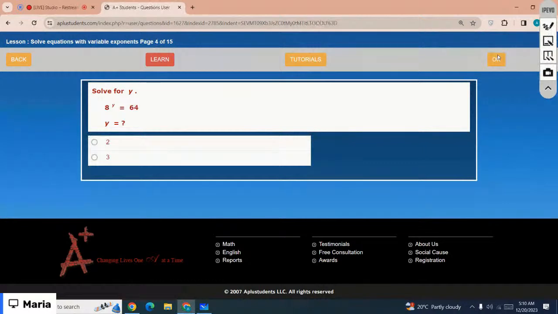Solve for y. 8 exponent y equals 64. So which is the correct option?